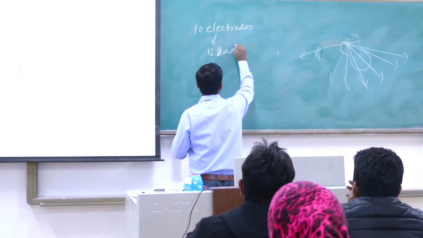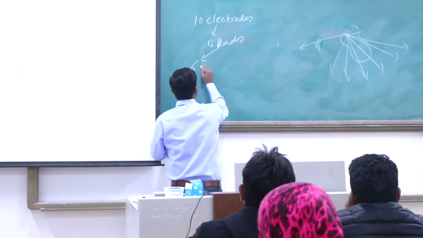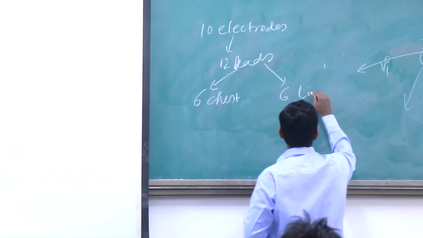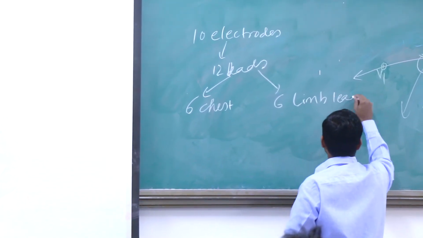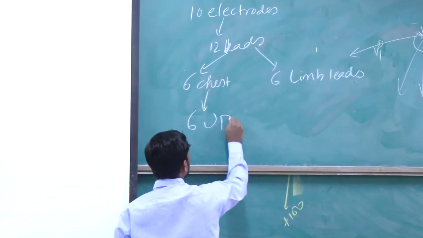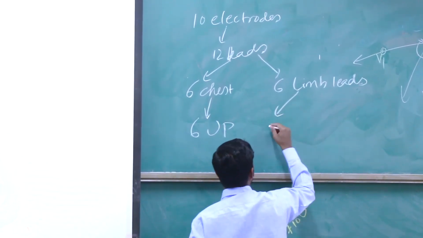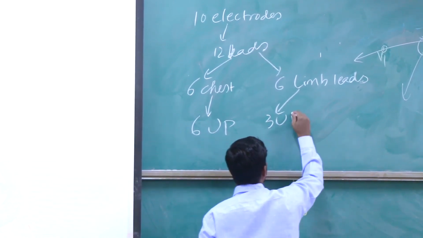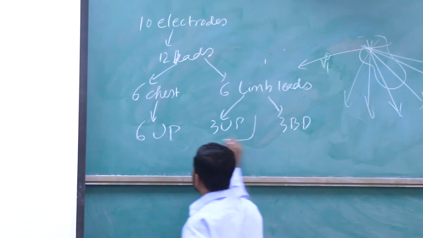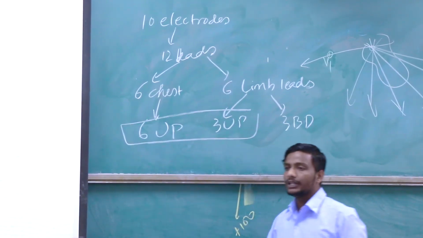Out of these 12 leads, we have 6 chest leads and how many limb leads? 6 limb leads. Out of the 6 chest leads, all of them are what? Unipolar. But out of 6 limb leads, how many are unipolar? 3 unipolar. And how many bipolar? 3 bipolar.